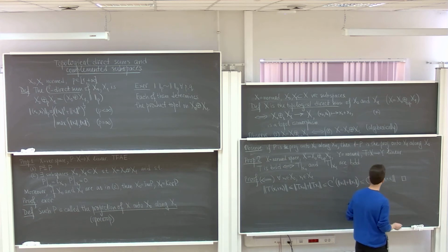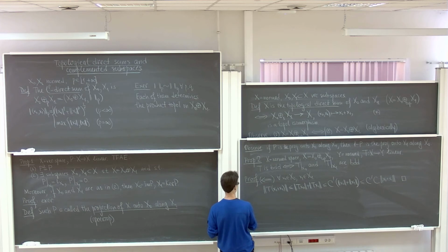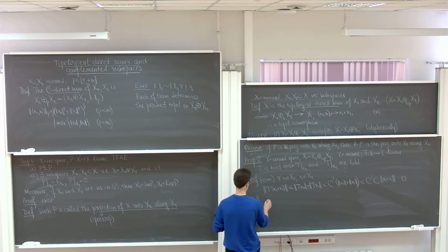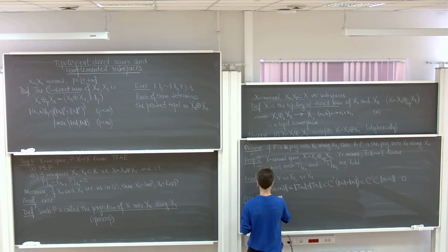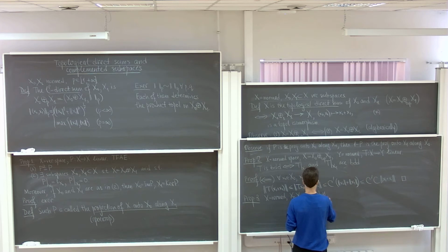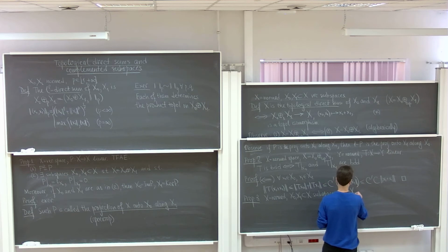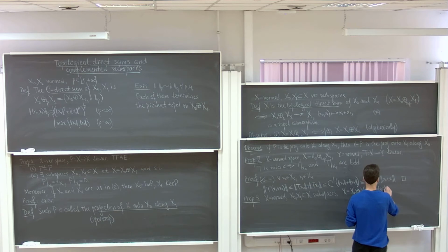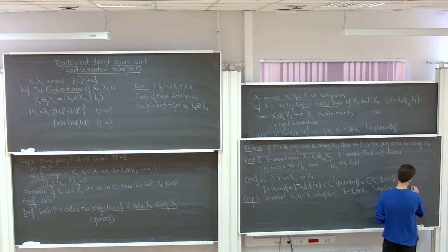Okay, so let's now characterize topological direct sums in terms of projections. This is our proposition 3. Suppose that X is a normed space. X0 and X1 are vector subspaces. And suppose that X is the algebraic direct sum of X0 and X1. Then the following conditions are equivalent.